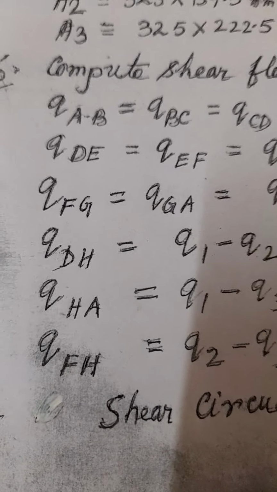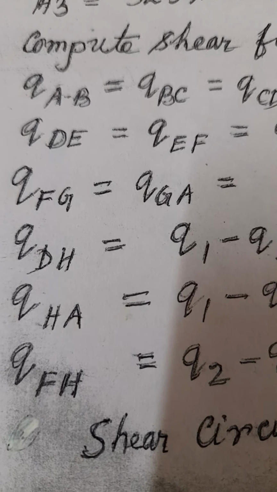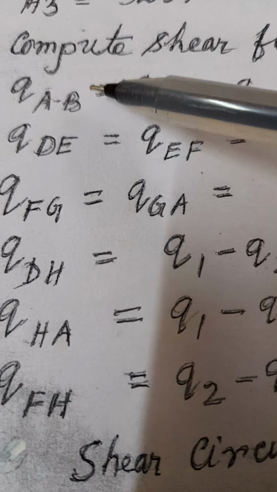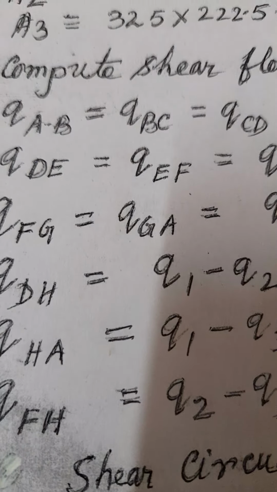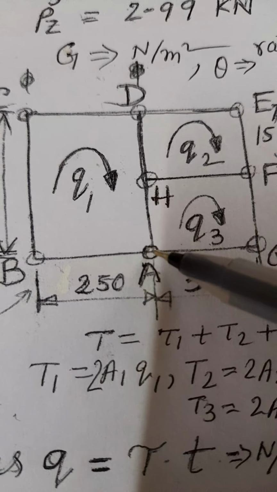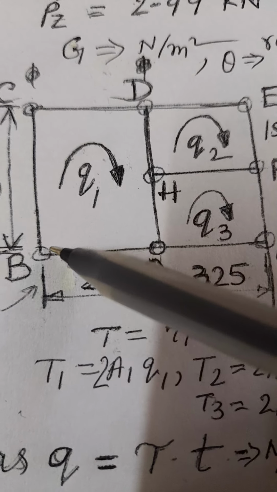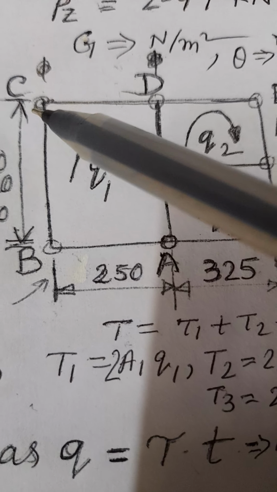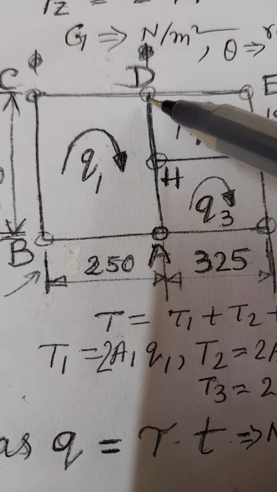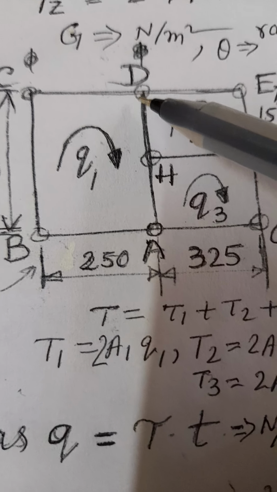Now this is the equation. These are the equations available from the shear flow diagram. Please note down, this is QAB in this line AB. This is also QBC. This is Q1 CD.